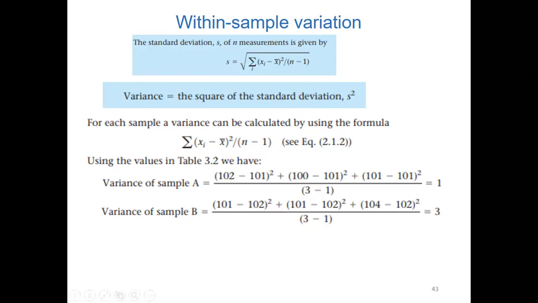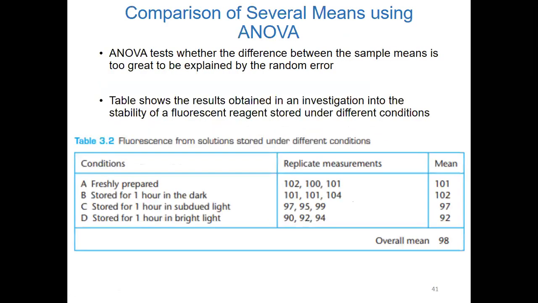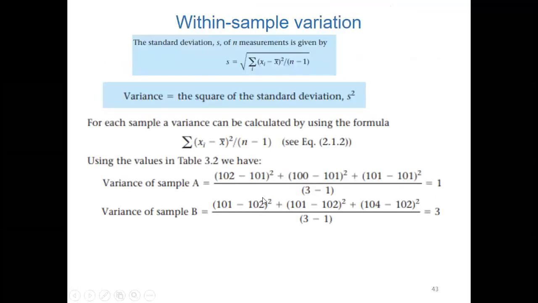Right? And here, let's go to sample A. I will move back to the table. In sample A, mean is 101. And the replicate measurements we got are 102, 100 and 101. Those are the xi values and this is the mean. Now we substitute those values here.